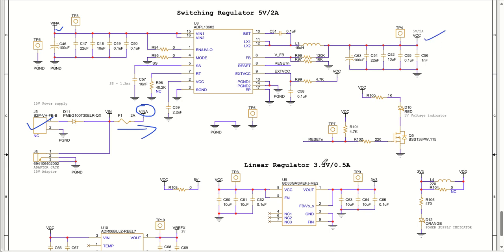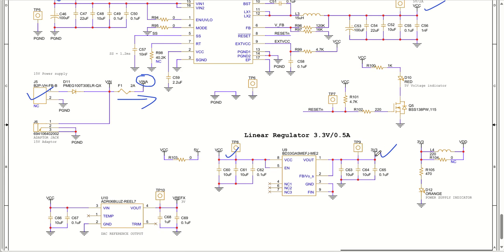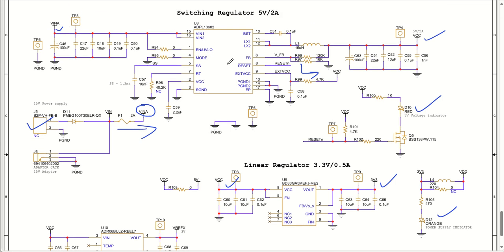This 5 volt 2 ampere is again converted to another voltage level, 3.3 volt, for the microcontroller. This will be monitored through this particular orange LED, and 5 volt will be monitored through this particular red LED. Whenever this reset goes low, it means this particular IC is in a faulty condition. That means this LED will not glow and you will see 5 volt is not working.